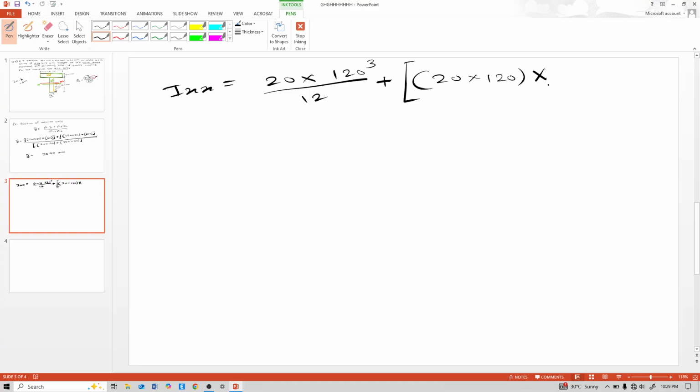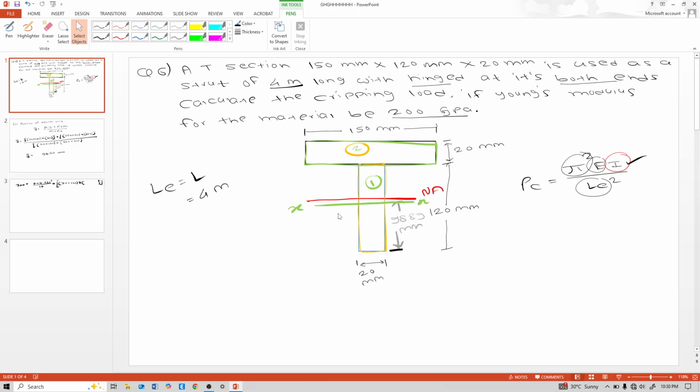So here it is multiplication, and this value is nothing but the square of the distance between the neutral axis and the original centroid axis of only that web portion. That means the distance between the total T section neutral axis and the neutral axis of only that web portion. So the total T section neutral axis is 98.89 and the neutral axis of only the web portion is 60 mm.